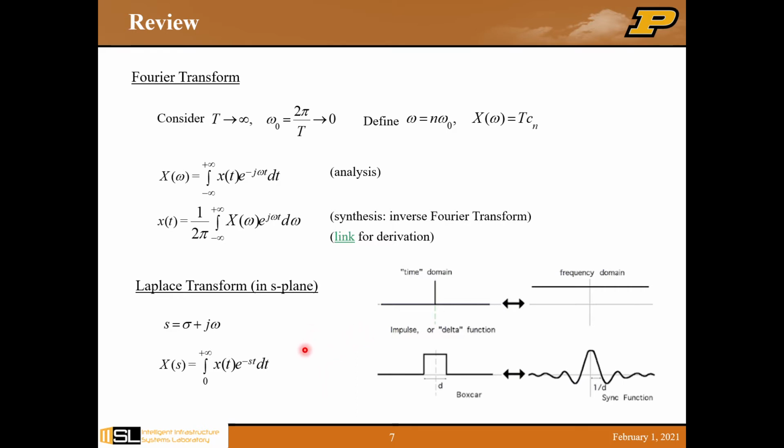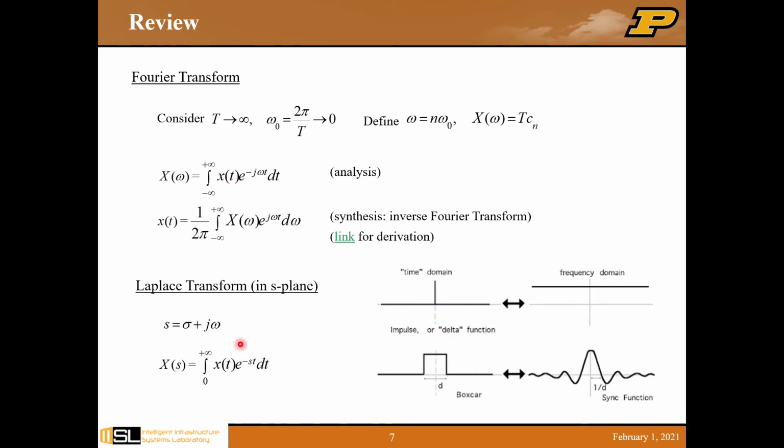So it actually projects the signal to the S plane. S is equal to sigma plus j omega. If you look in detail here, if we put sigma equal to 0, then the S variable becomes the Fourier transform variable, omega.